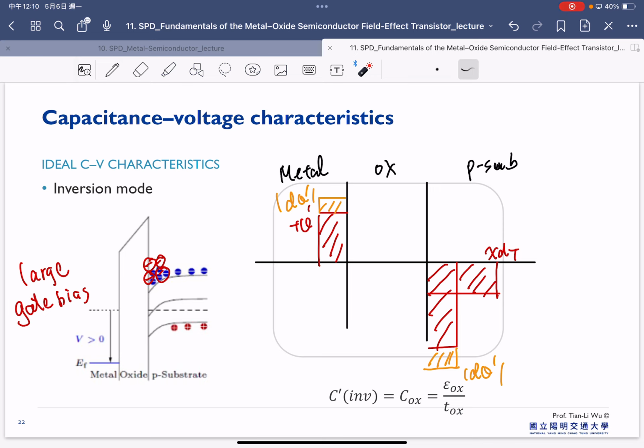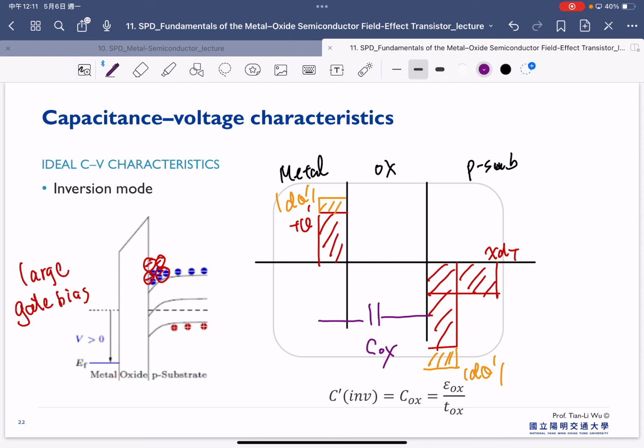So if we look at the capacitance here, it's back to the oxide capacitance between the metal and the surface charge here. So now our capacitance is exactly again equal to Cox.